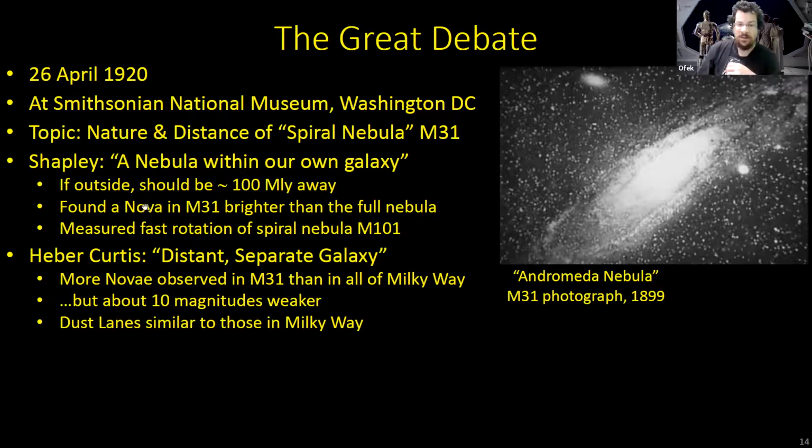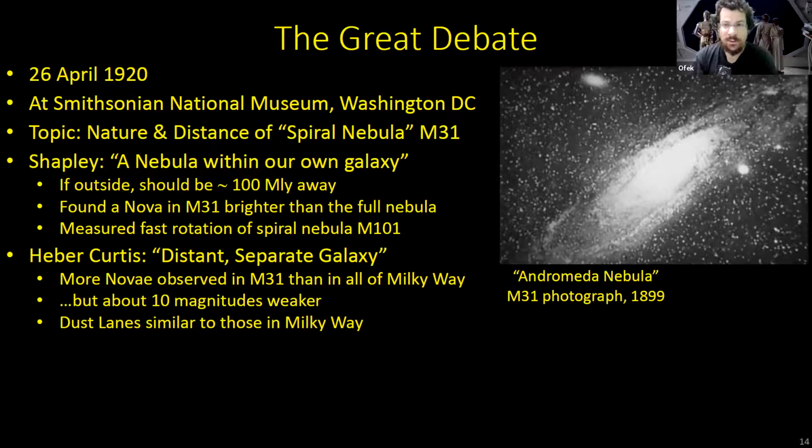Also because they found a nova, a sudden brightening of a new star, basically, in M31. I think we talked about novae actually, right? A neutron star or a white dwarf, which accumulates matter. That matter is ignited and suddenly becomes bright.